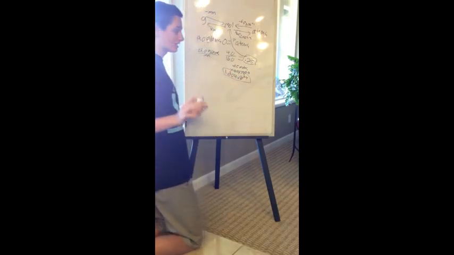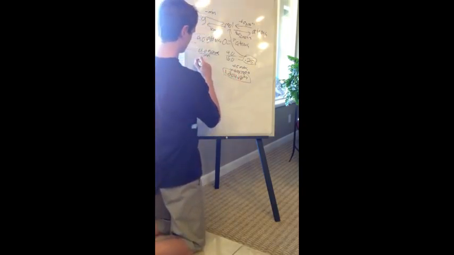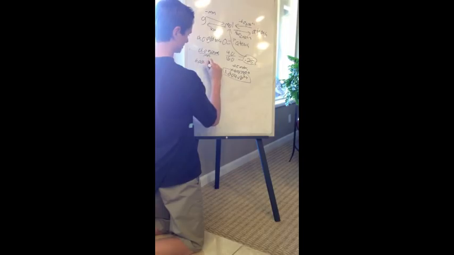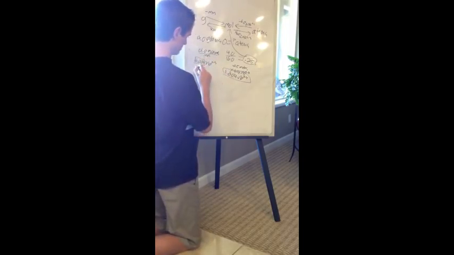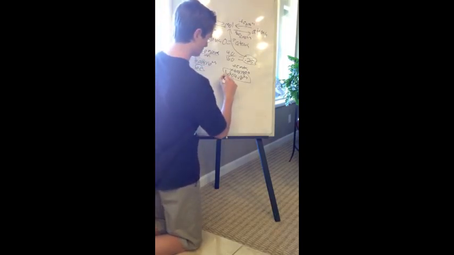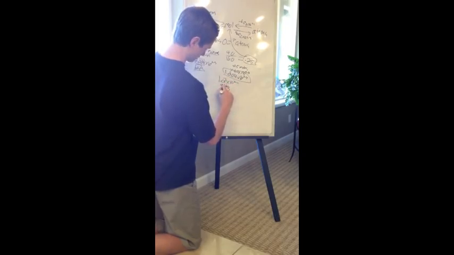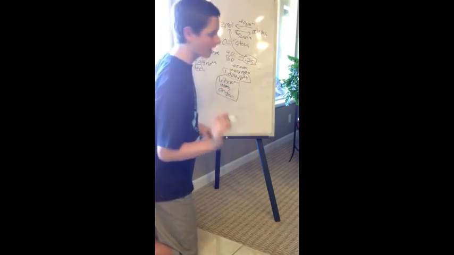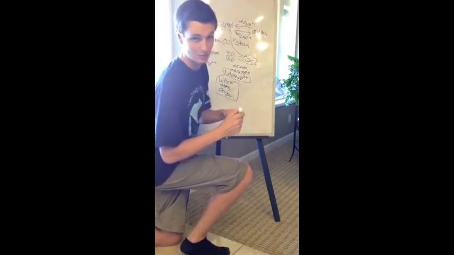Now let's take a look at sig figs. 6.02 times 10 to the 23rd has 3 sig figs. 0.25 only has 2. So in this case, our answer would be 1.2 times 10 to the 24 atoms oxygen. That is how you convert grams to atoms.